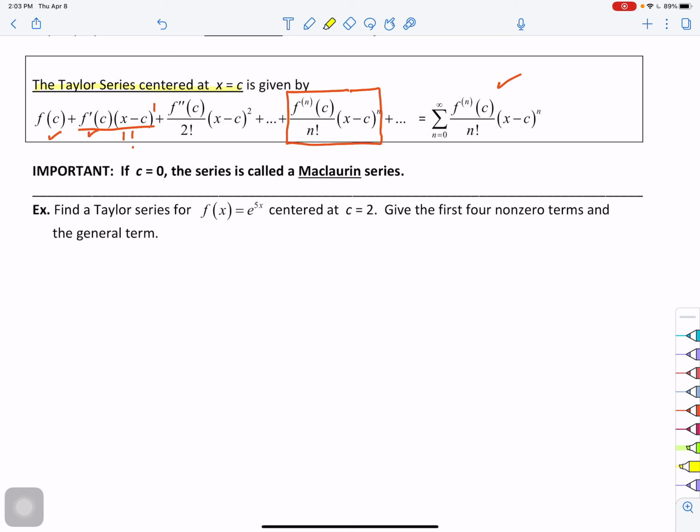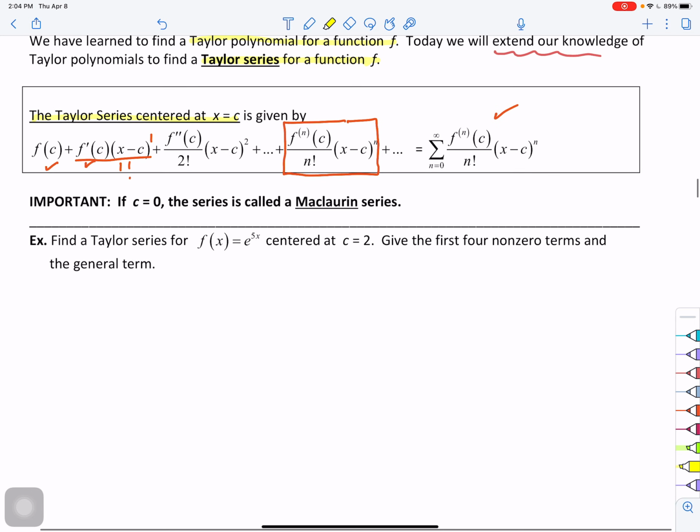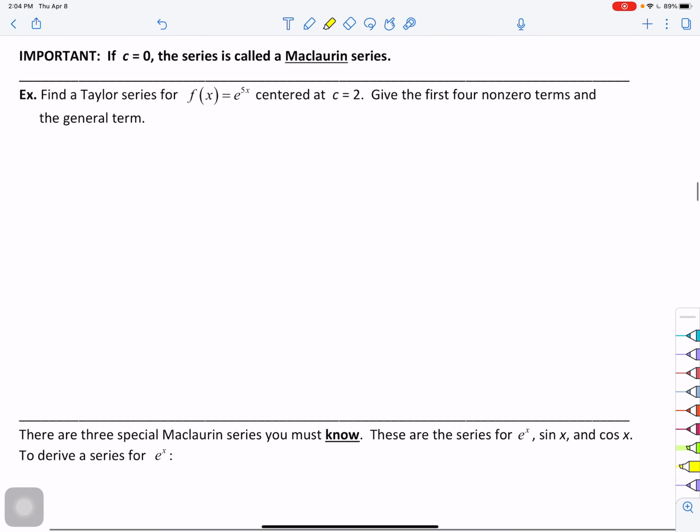So what are we doing? We're finding a function that is equal to this series, okay? It's important to note, again, that if c is equal to 0, the series is called a Maclaurin series.